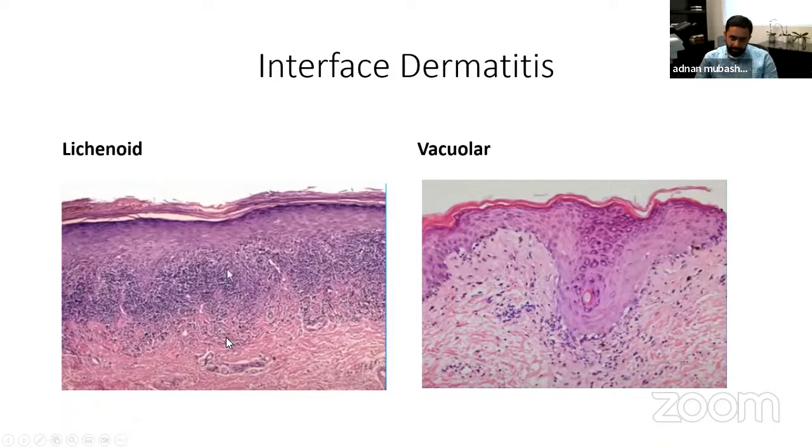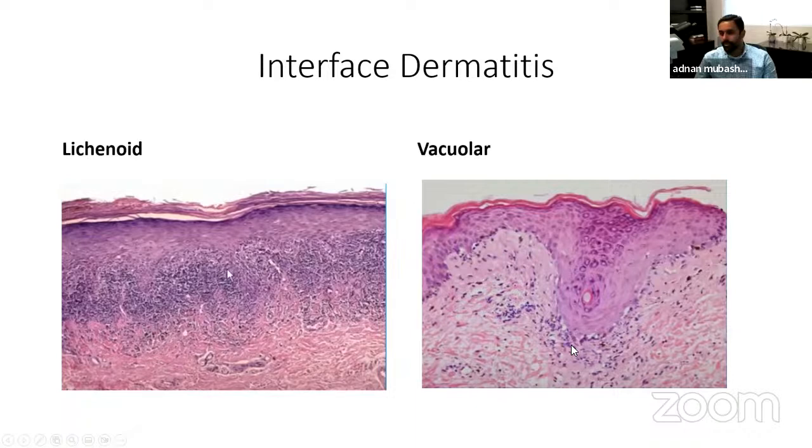Even on low power, you see this is part of the lichenoid reaction pattern, as opposed to vacuolar interface dermatitis. You still have some of these blue dots. These blue dots are all lymphocytes.